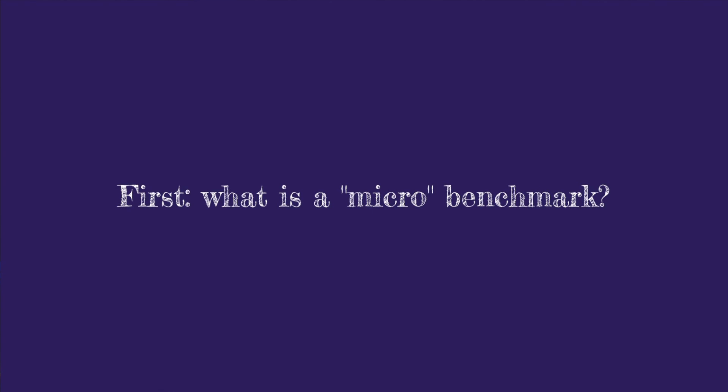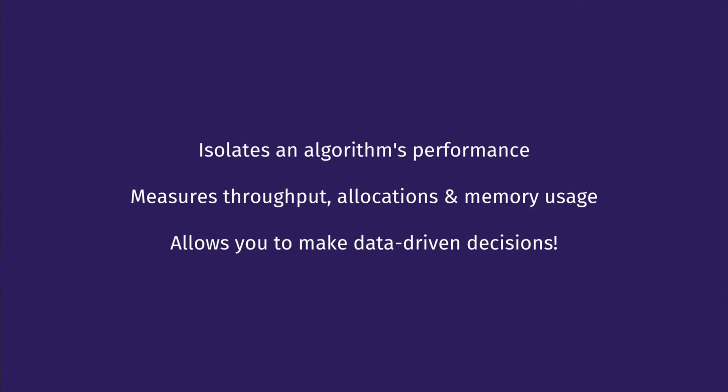Like, what's the micro part? What's the benchmark part? So think of micro benchmarks as similar to unit tests, right? You're isolating a small part of your code, and instead of testing it, you actually want to measure it. You want to see the performance of a particular algorithm, and maybe compare a bunch of different algorithms against each other, right?